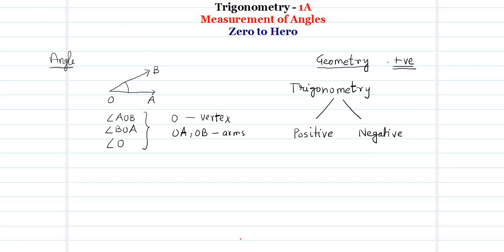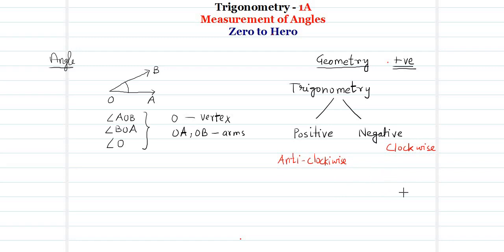Now they actually been classified with the help of the rotation of a clock. If it is in anti-clockwise sense, then we call it a positive angle. If it is in clockwise sense, then we call that particular angle is negative.